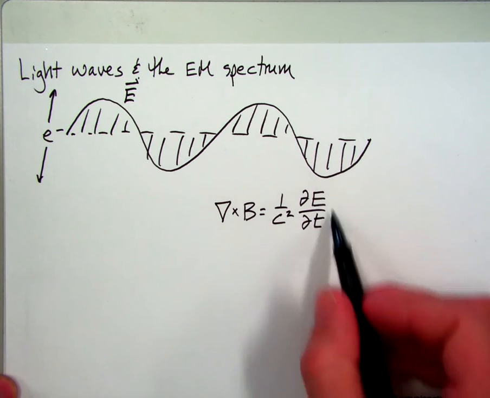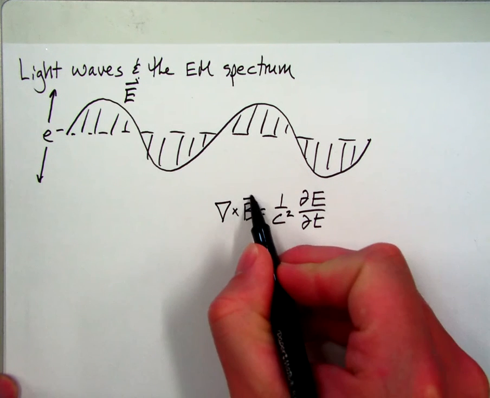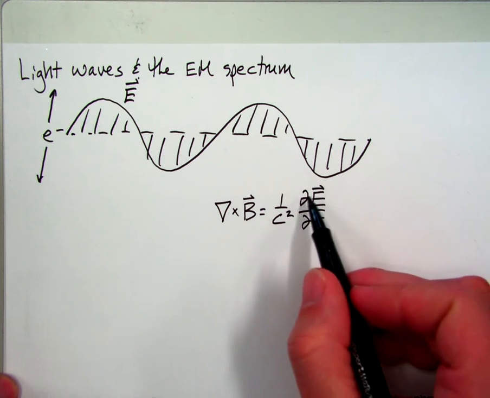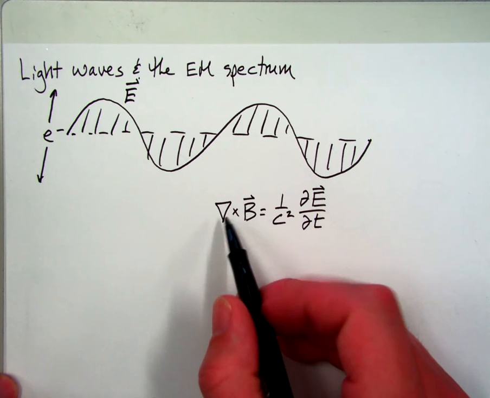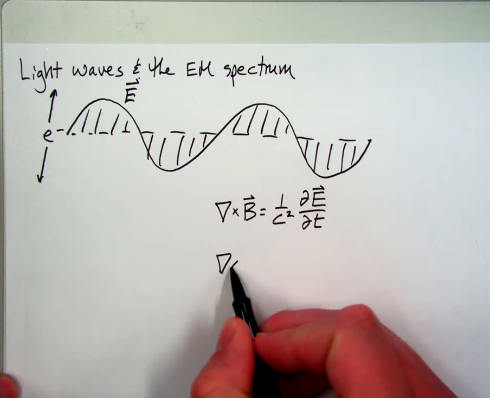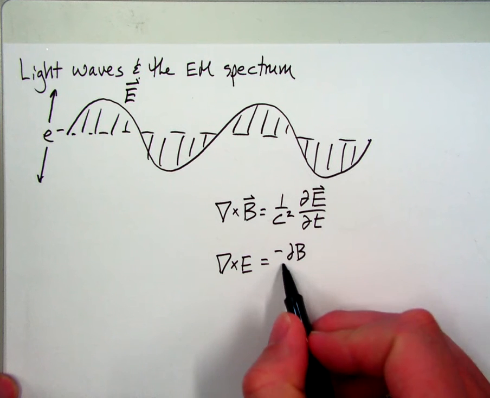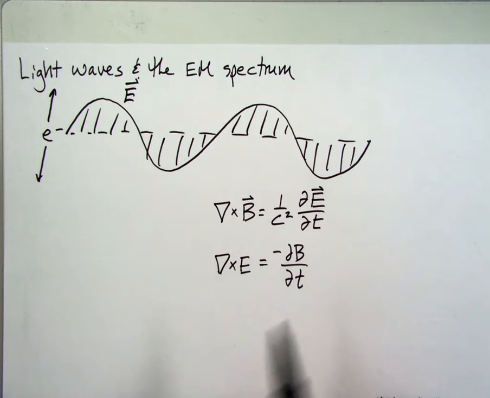This is one of the ways that we can show Maxwell's fourth equation actually in vector notation, where the B represents a magnetic field and the E an electric field. Anytime you have a changing electric field, we get a magnetic field. But as well, anytime we have a changing magnetic field, we get a changing or a curling electric field.